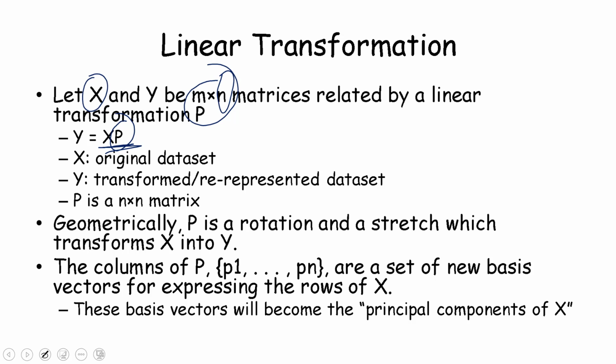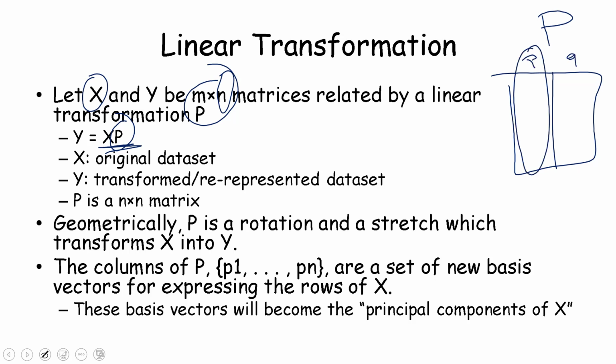Geometrically, P is a rotation and stretching of the space to transform X into Y. The columns of P are the set of basis vectors that we use to express the rows of X. The basis vectors that I showed in the previous slide would each be a column in this transformation matrix. In principal component analysis, we call these vectors the principal components of X.